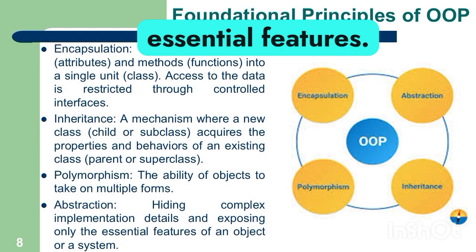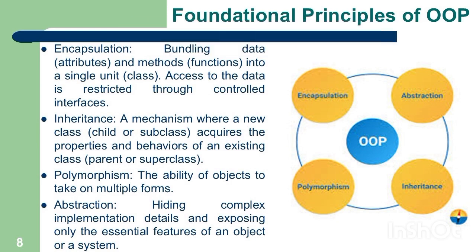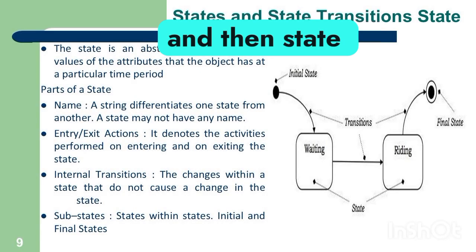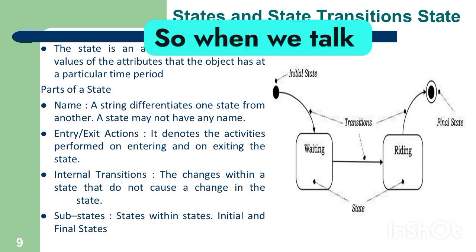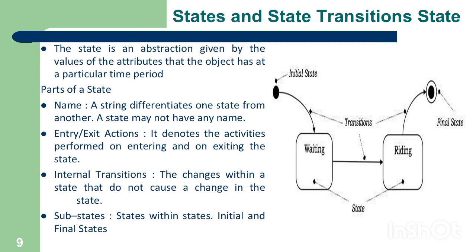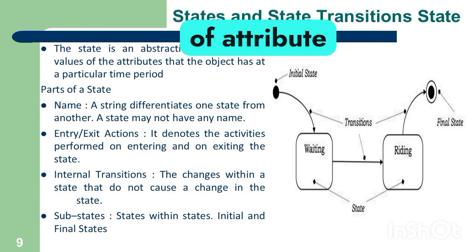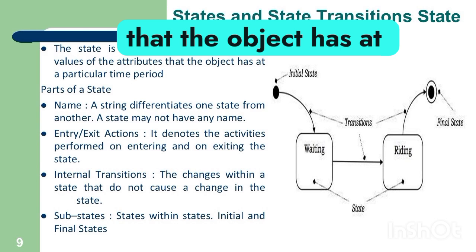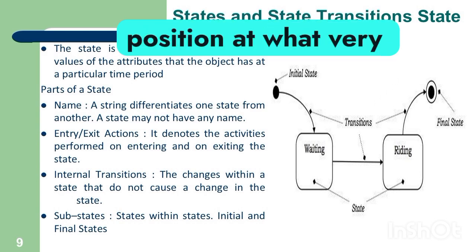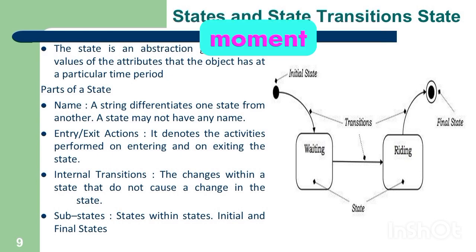We have given examples of this, and in this regard we also have what we call state and state transition. When we talk about state in abstraction, we say this is an abstraction given by the value of the attributes that the object has at a particular time period, that is, at what position, at what level that object is at that moment.